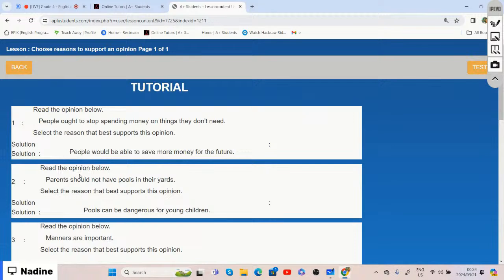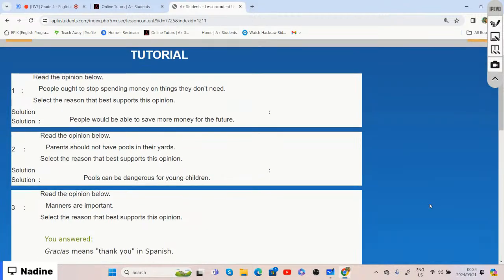All right, if we look at the next opinion, it says parents should not have pools in their yards. Why do you think people are saying that?